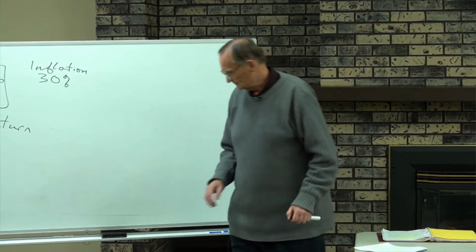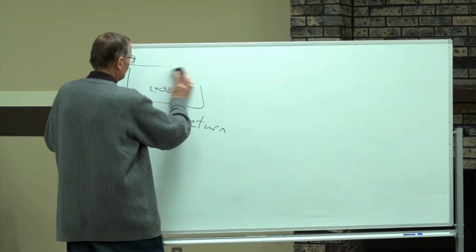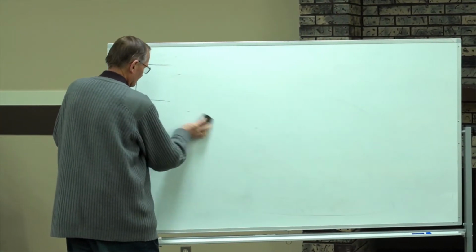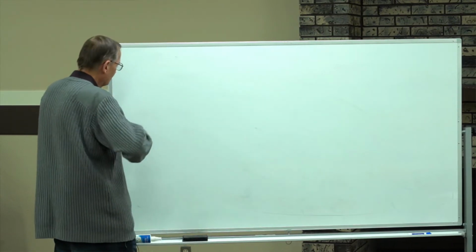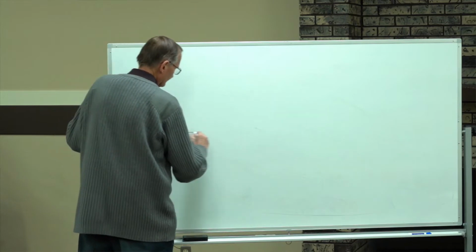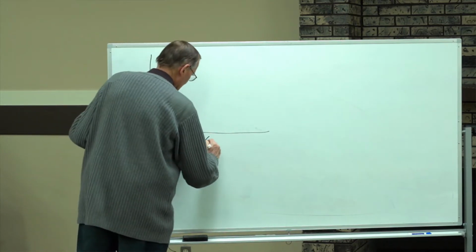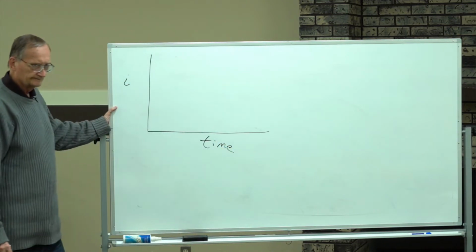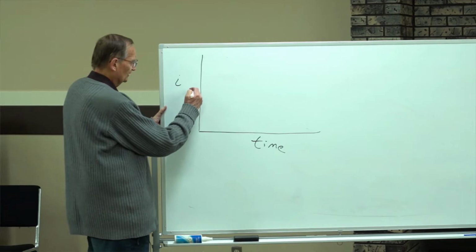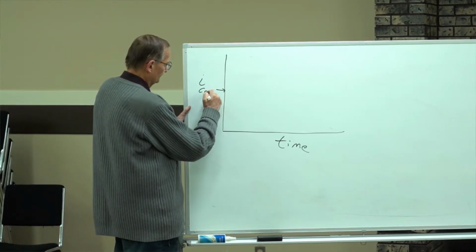Okay, now I need to show you a graph, and we've really already done it, so you will understand this. I'm going to look at return or interest rates over here, time here, and I'm going to tell you that this is the coupon rate.